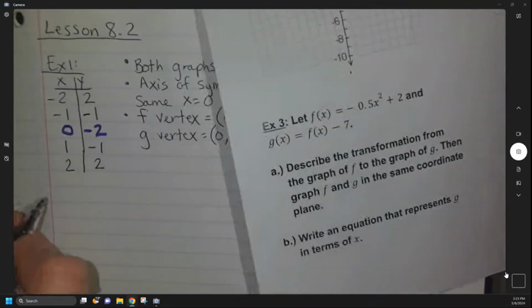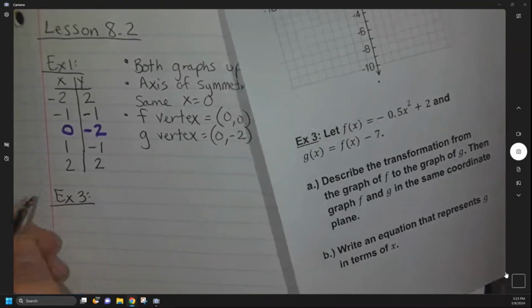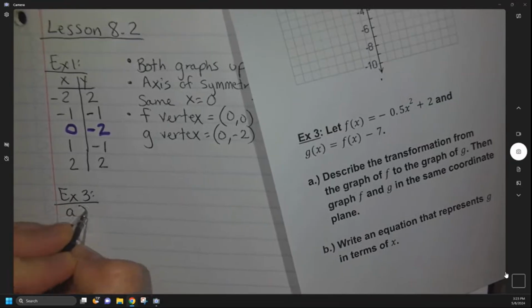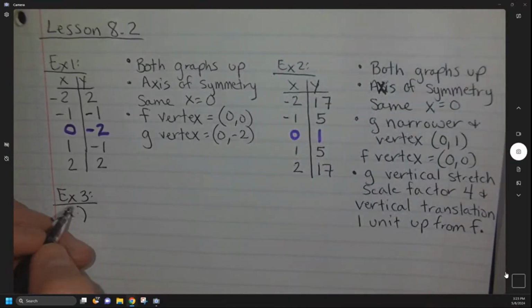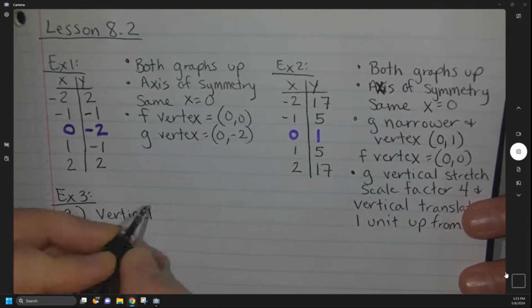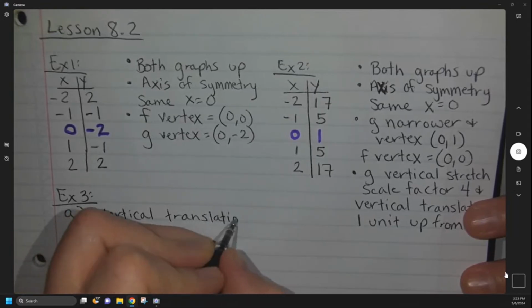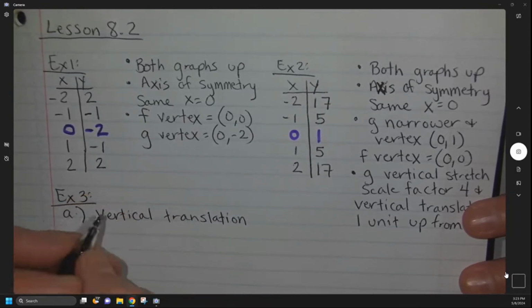So for part A, example 3, we have a vertical translation, because we're sliding it seven units down.